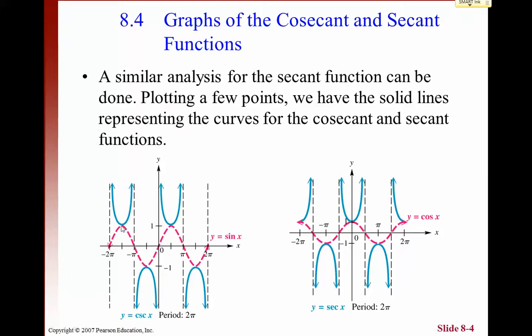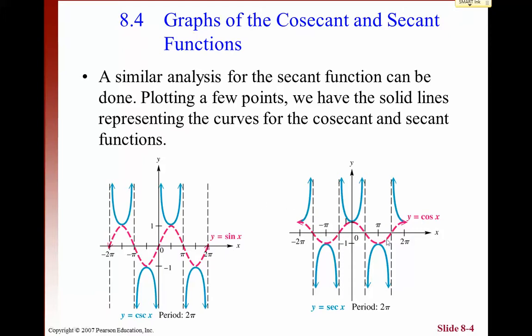And where it has a peak or a valley, that's where the cosecant is going to turn around and go back the other way. So it's going to have these asymptotes, where it's positive on this side, always negative on this side. It's going to make these U shapes between the two asymptotes. And it's going to go up to the minimum on the sine curve, and down to the maximum on the sine curve here.